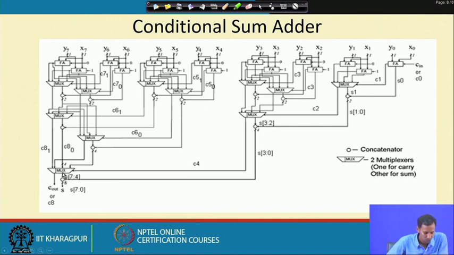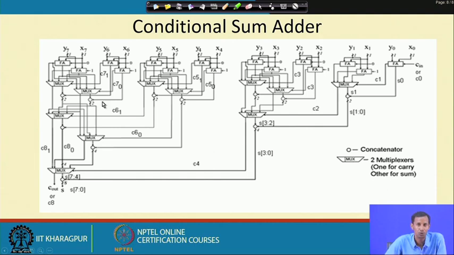We will take the final output, which is nothing but this 4 bit sum for x4 to x7, and this carry bit of 1 here. Based on this carry output bit, it will select which sum we choose.